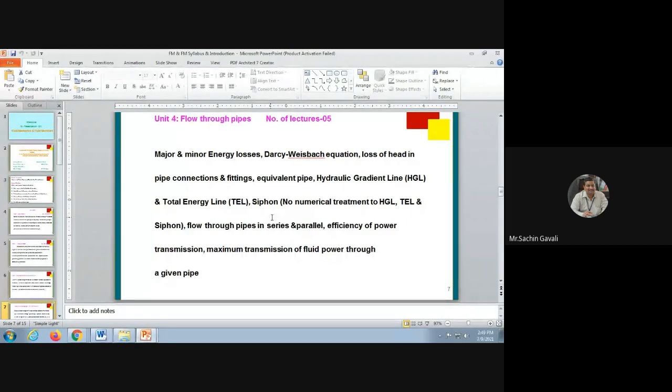Today we will at least cover the losses in flow through pipes.